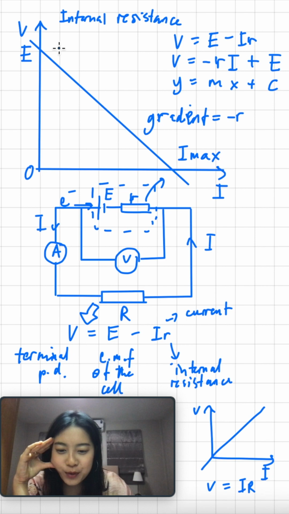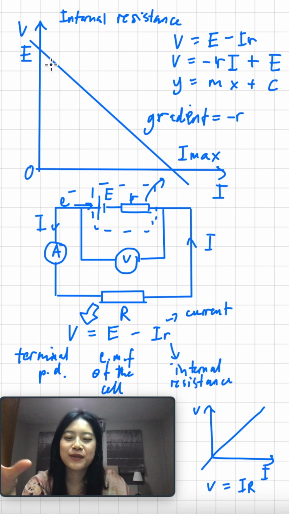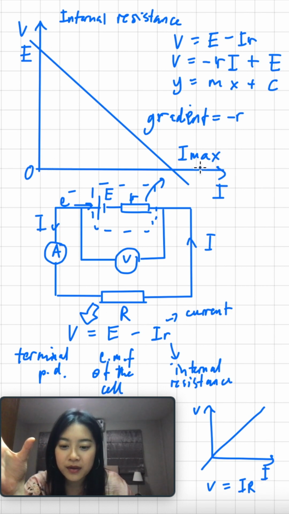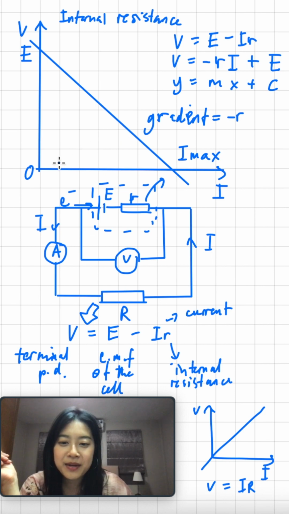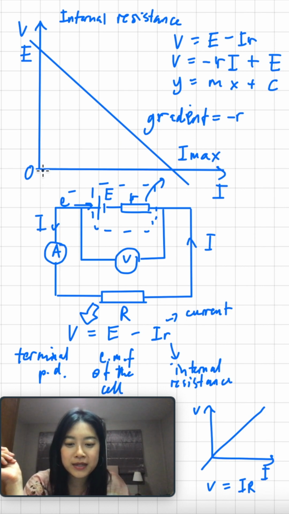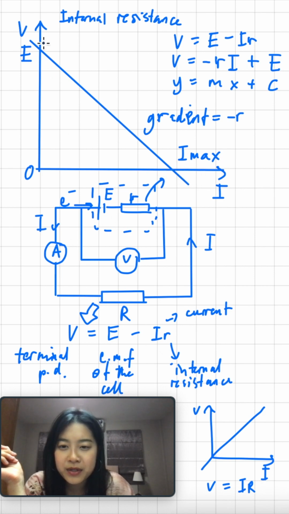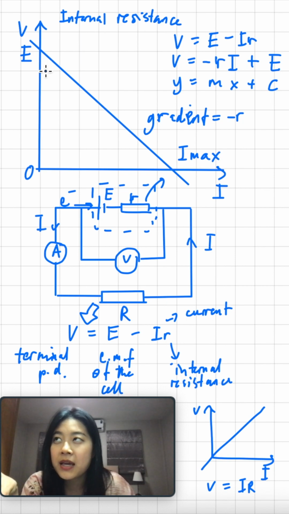Okay, so let's think about what this graph is actually describing and what's happening as we go along the axes. As we go from left to right, the current is increasing, we're increasing towards this Imax here, and we're decreasing this terminal potential difference here.